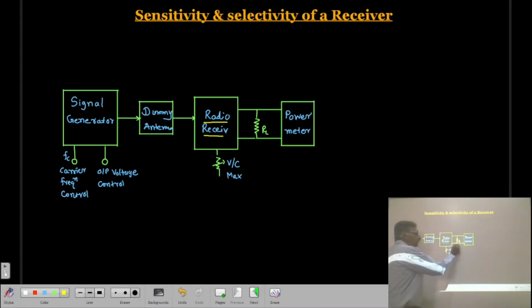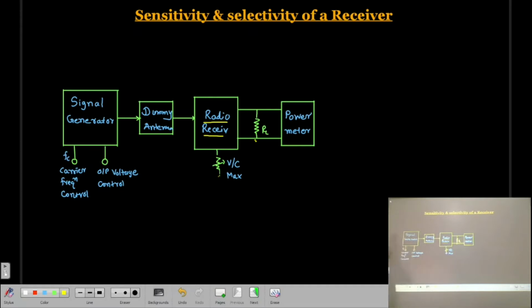We have disconnected the loudspeaker. Instead of that, a resistive load RL is connected, and across the load resistance RL, a power meter is connected. Then we have to keep the volume control in the maximum position.